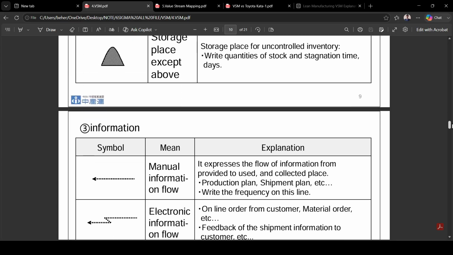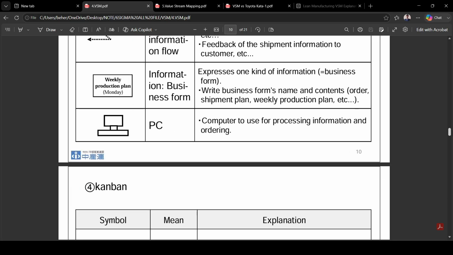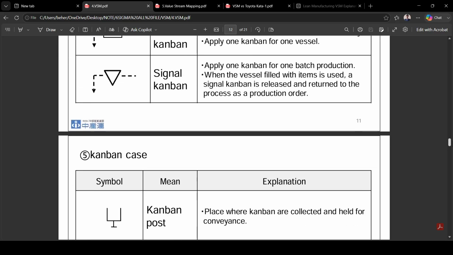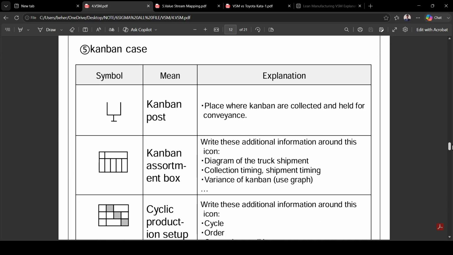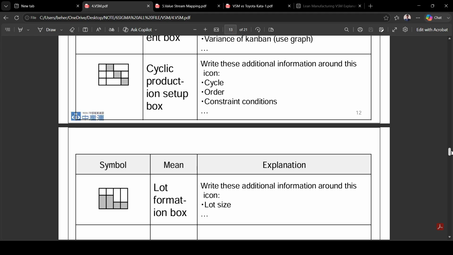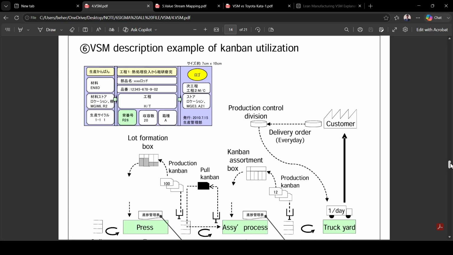Then manual information flow, electric information flow, information, business for PC, pool Kanban, production Kanban, signal Kanban, then Kanban post, Kanban assessment box, cyclic production setup box, lot format box, Kanban chute, and the VSM description example in Kanban utilization.